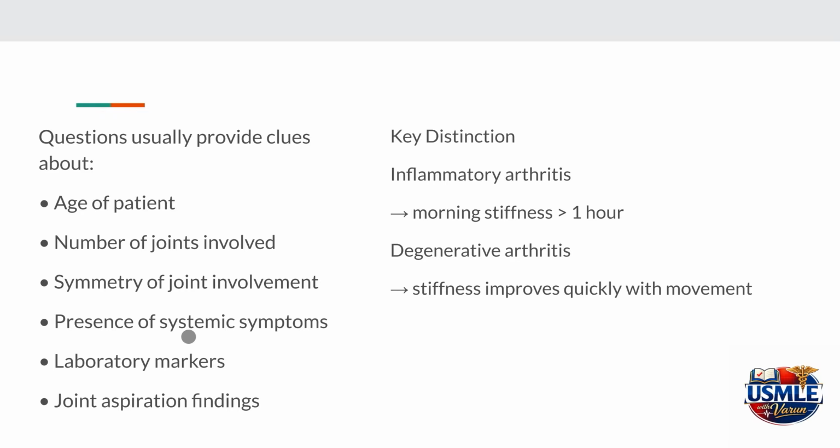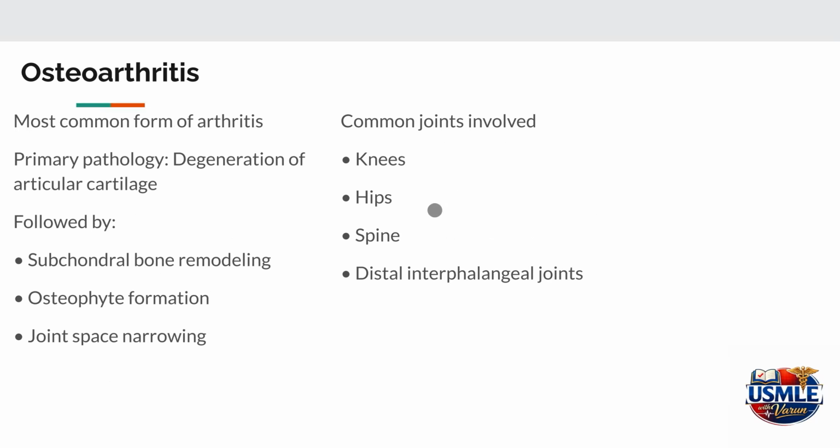The question may also include laboratory findings or joint aspiration results. One very important distinction is between inflammatory arthritis and degenerative arthritis. Inflammatory arthritis typically causes morning stiffness lasting more than an hour, whereas degenerative arthritis causes stiffness that improves quickly with movement. Recognizing this difference is extremely useful when approaching exam questions.